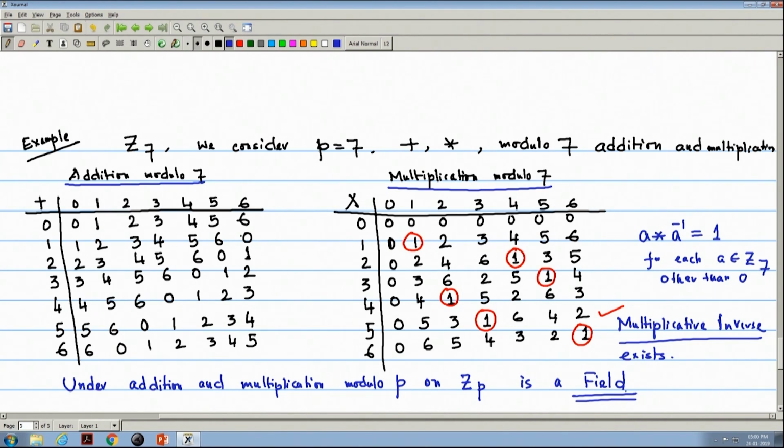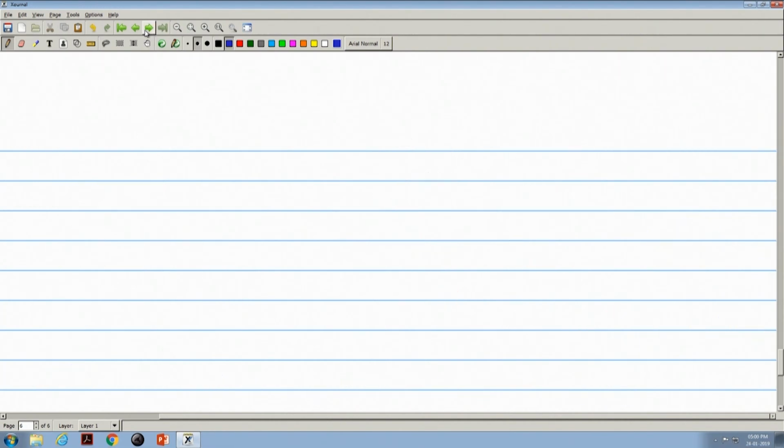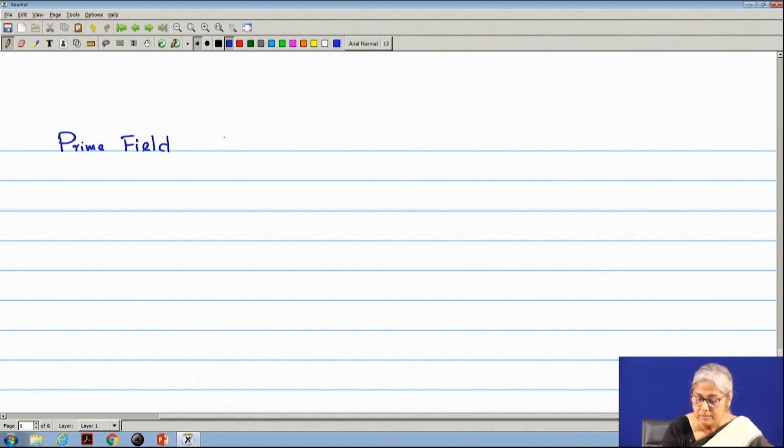And this is a very good observation, and based on that we will be forming the prime field. So, normally when p is prime, we call it a prime field.